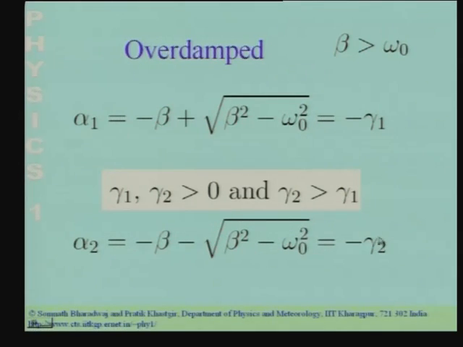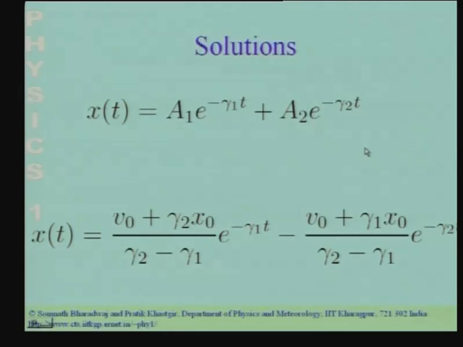If you write down the solutions in terms of these, you have two solutions, a 1 e to the power minus gamma 1 t plus a 2 e to the power minus gamma 2 t. Bear in mind that gamma 2 is larger than gamma 1.